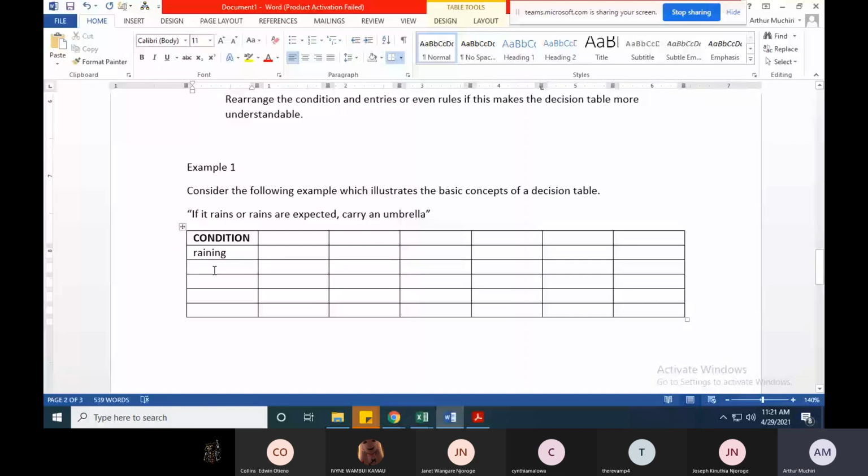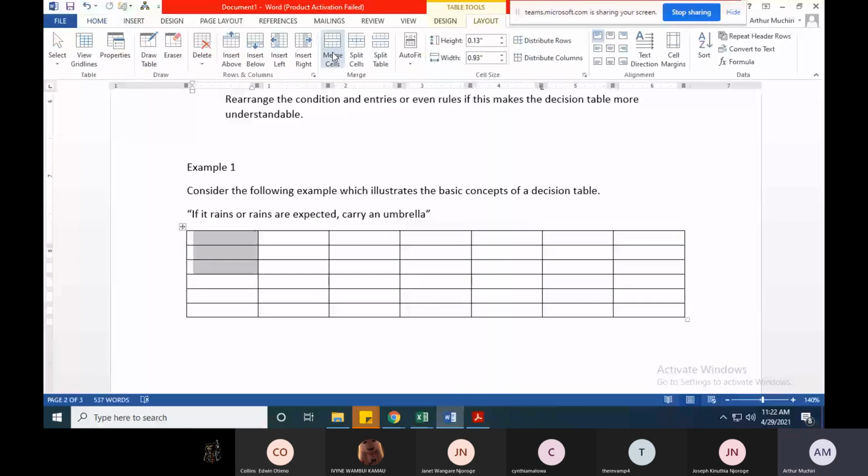Or for you to understand this table well, let me draw it using another method. You can have the first rows here, we can merge them, and then we say these are conditions, and then these other ones, we can have them as acts.